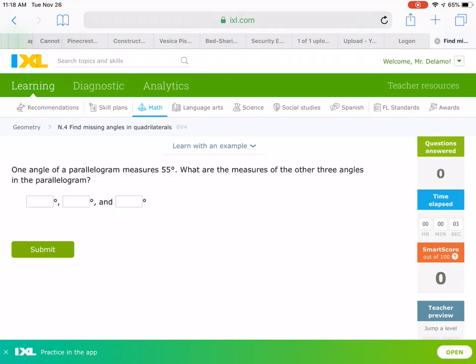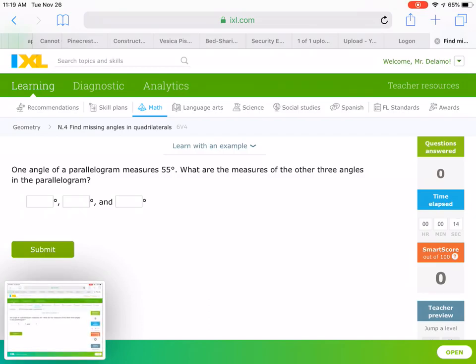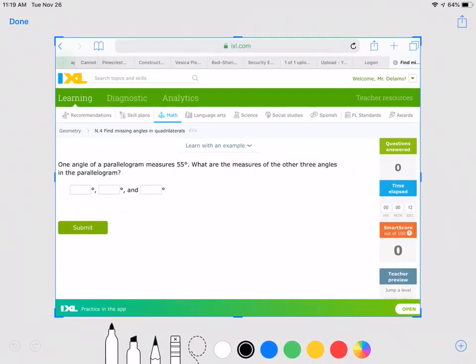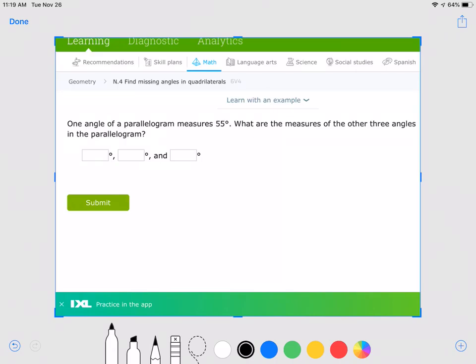All right, so we need to find missing angles of a parallelogram. Okay, so one of the properties of a parallelogram, well, actually, let's talk about a basic quadrilateral first. So any quadrilateral has the following property.